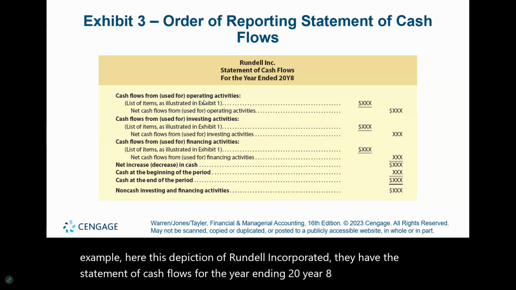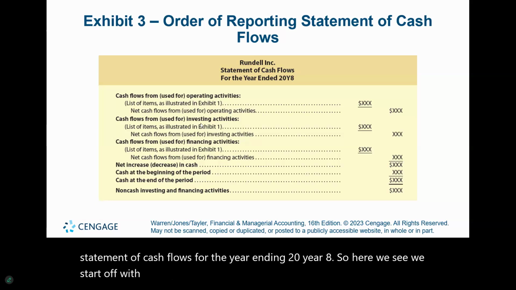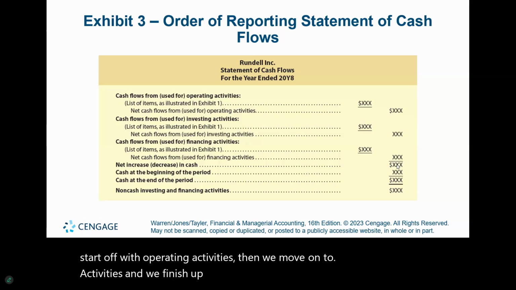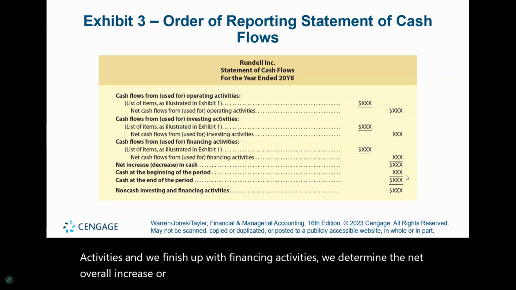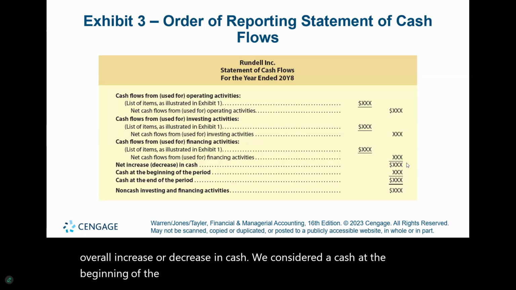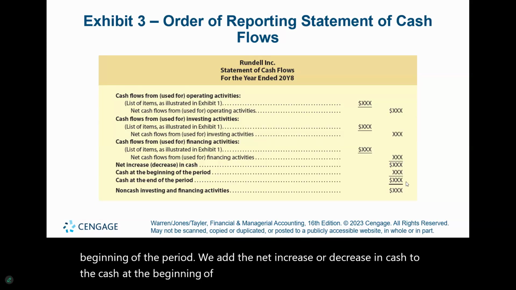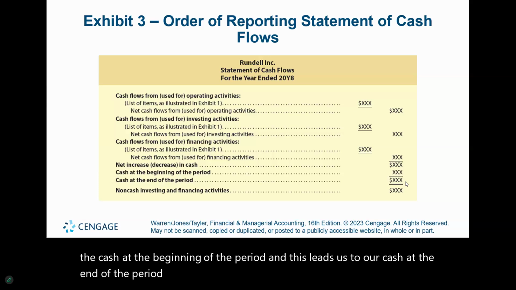We start off with operating activities, then we move on to investing activities, and we finish up with financing activities. We determine the net overall increase or decrease in cash. We consider the cash at the beginning of the period, and we add the net increase or decrease in cash to it. This leads us to our cash at the end of the period, which should tie to cash reported on our balance sheet.